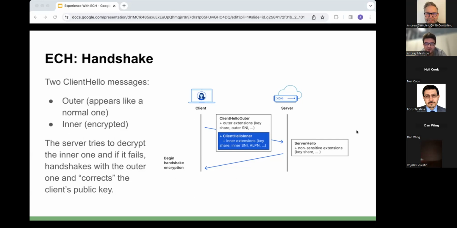Basically, what it means is that ECH could work without DNS, actually. So DNS is not strictly required for that. It just allows us to have a single attempt at handshake instead of 2 attempts.